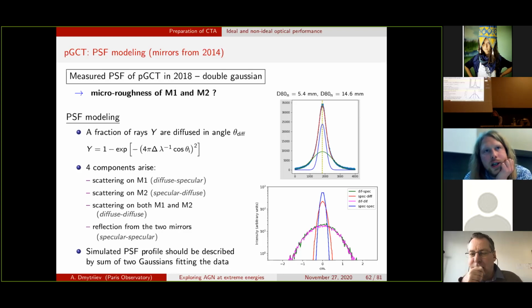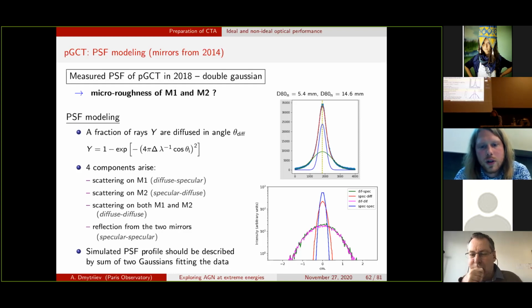For the silicon PM cameras with 3mm pixels, once you achieve a 3mm PSF, you have very good resolution for Cherenkov images. They're not blurred, and you measure more precisely the light content, the shape and the background projection.